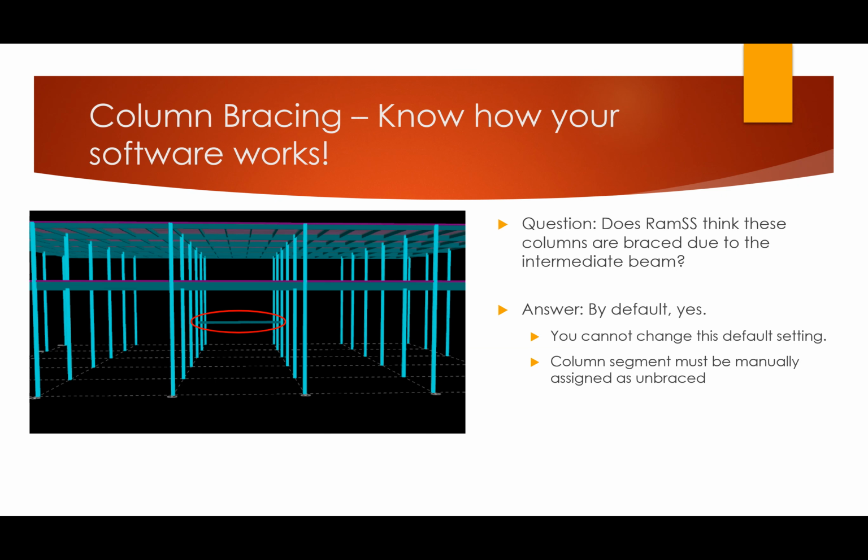So RAM is always going to change the unbraced length in this condition when you add the intermediate beam. Now you can override it, but you cannot change that default setting. So in this case, what you would have to do is go into the column module and individually pick a column and tell it manually to remove that brace point. So you can do that, but it's not automated.